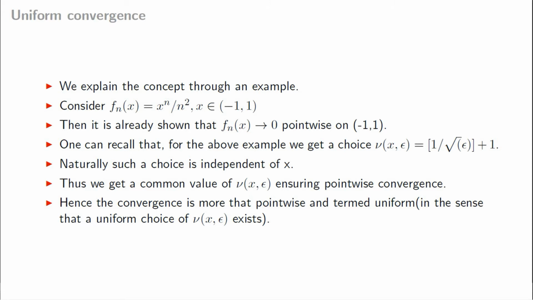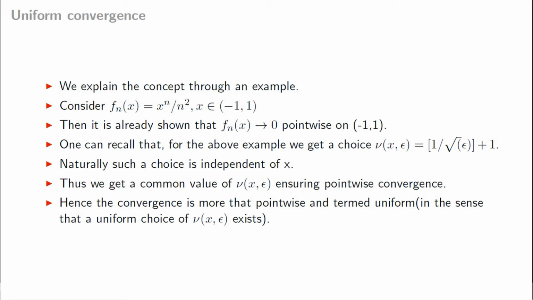So, let us consider some examples. First of all, consider the sequence of functions x to the power n divided by n square for x belonging to open interval minus 1 plus 1, and we have already seen that f n x tends to 0 pointwise on the open interval minus 1 plus 1. Now, one can recall that for the above example, we get a choice nu x epsilon which equals box of 1 by square root of epsilon plus 1.